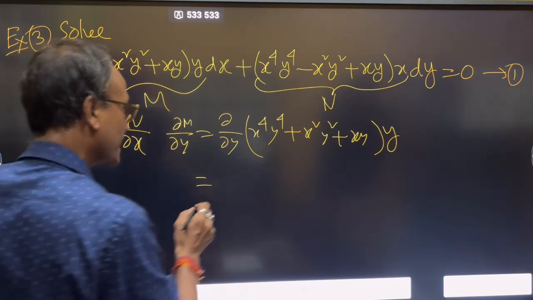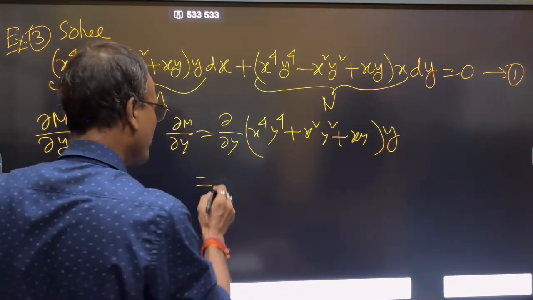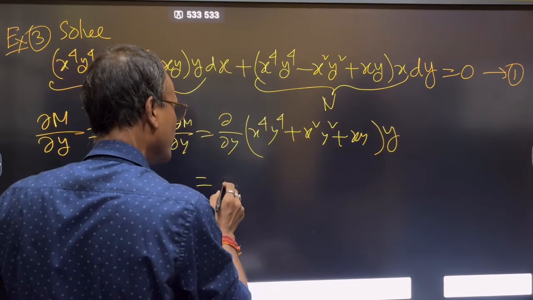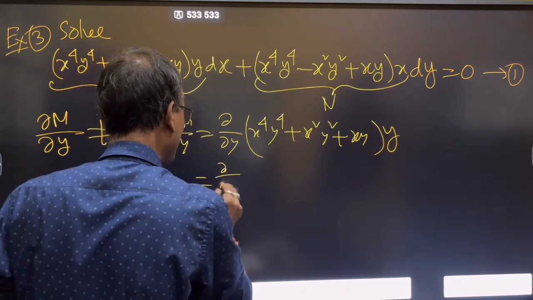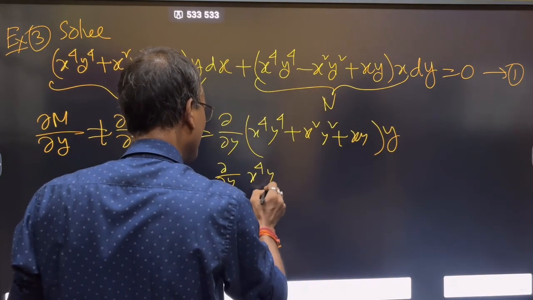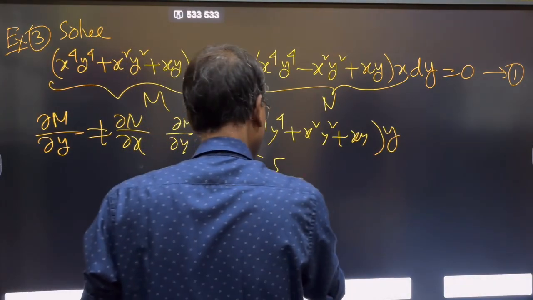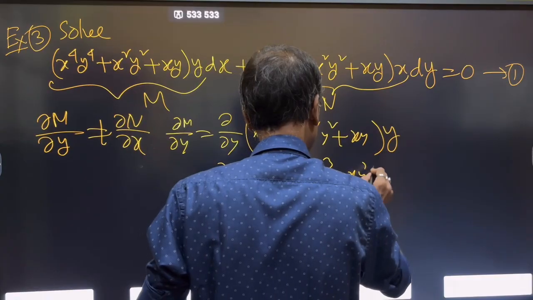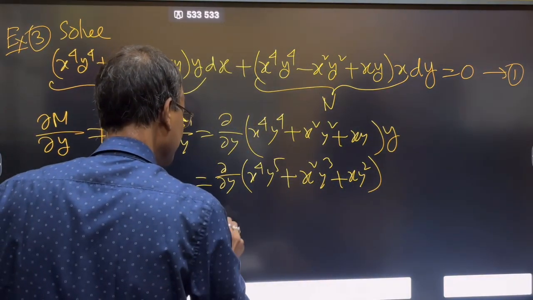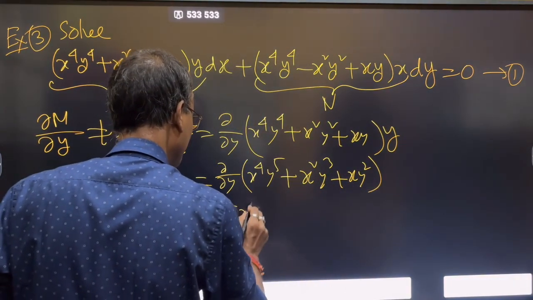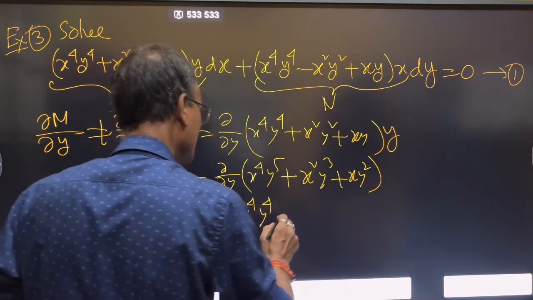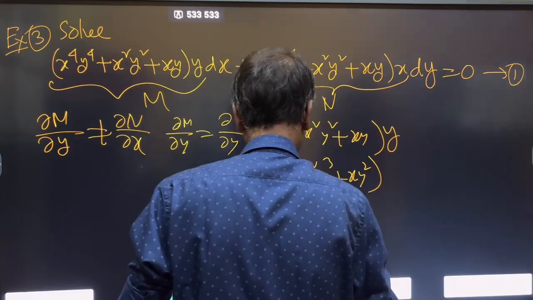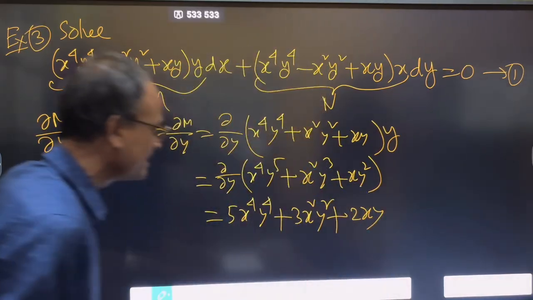Then you will get a product function, or you may write del y of x to the power 4 y to the power 5 plus x square y cube plus xy square. You may find this is equal to 5 x to the power 4 y to the power 4 plus 3 x square y square plus twice xy.